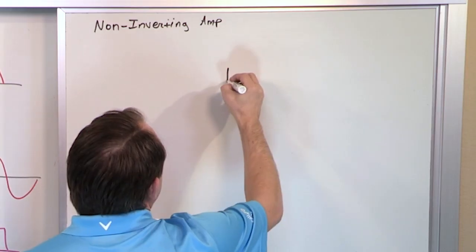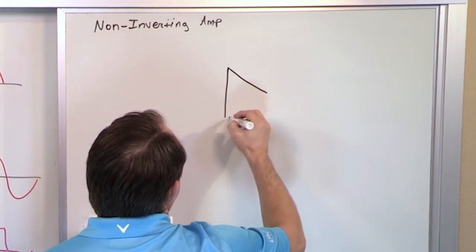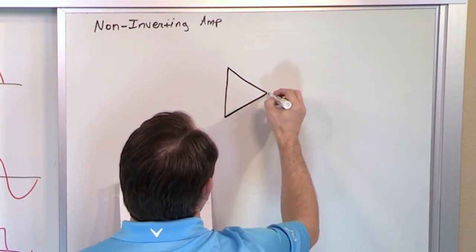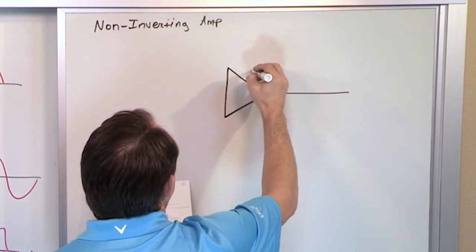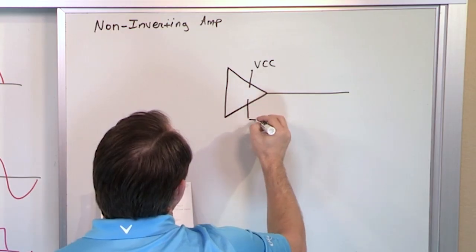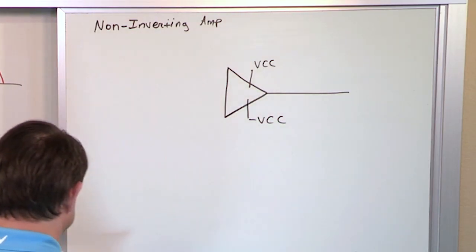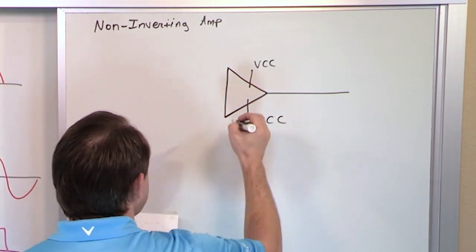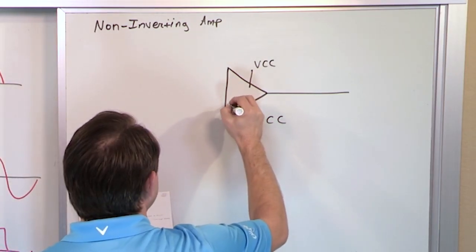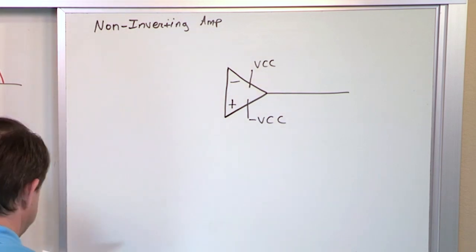So we have one amplifier, like this. And of course we have VCC, and we have negative VCC, as we always have. But other than that, it completely differs from what we've done before. So let me go ahead and draw this here. This is going to be plus, this is going to be minus, okay?